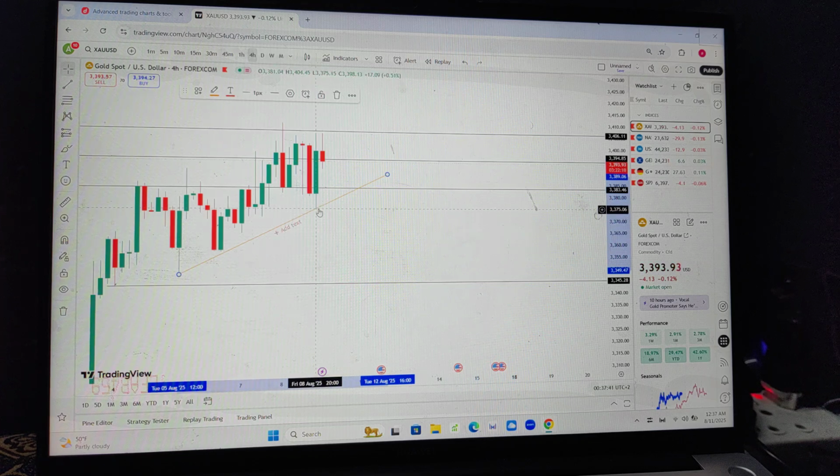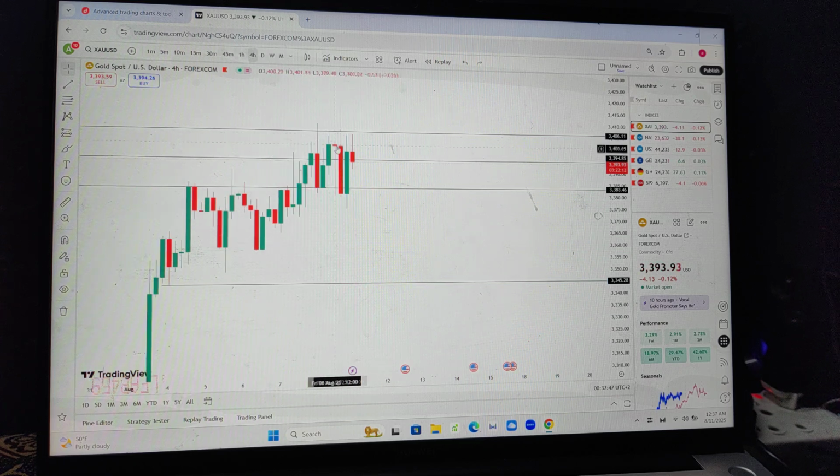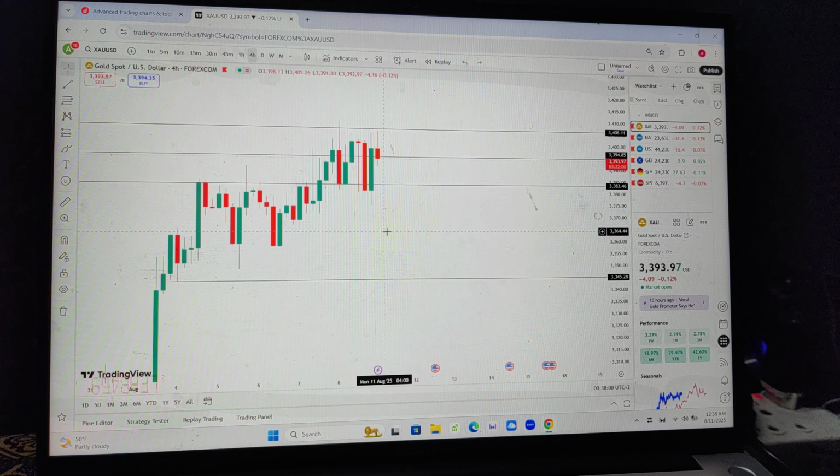Trend line liquidity over there. So yes, if you caught this sell entry from this area here, then you're in the clear. That's a sniper entry. If you caught that sell from there, it's a pure sniper entry.